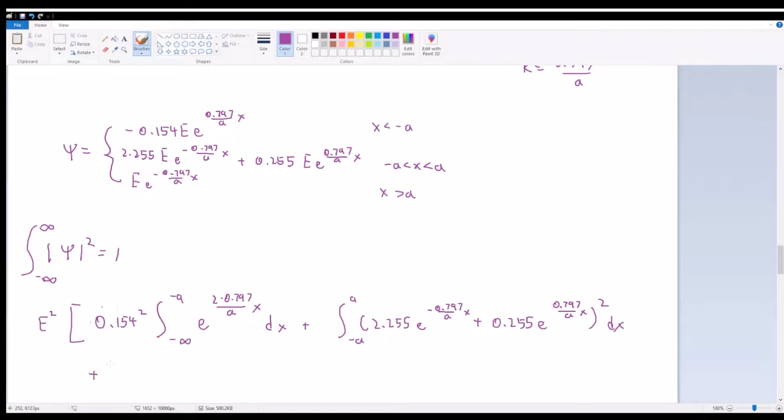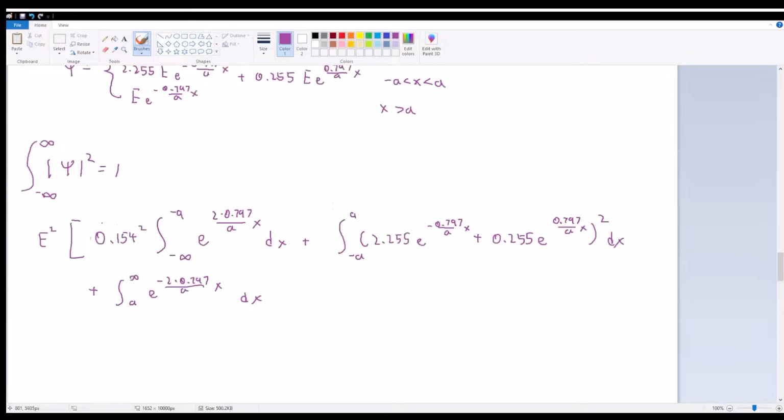And finally we're adding just e squared, so there's a coefficient of 1 at the front, from positive a to positive infinity of e to the negative 2 times 0.797 divided by a x dx.